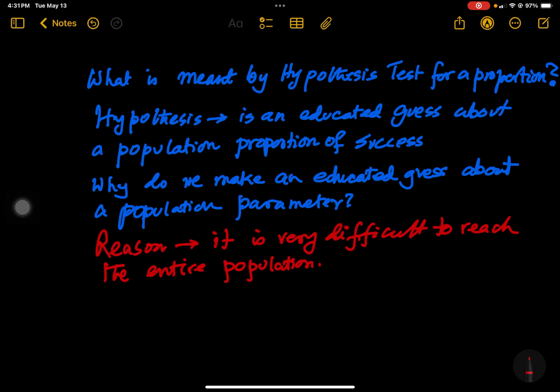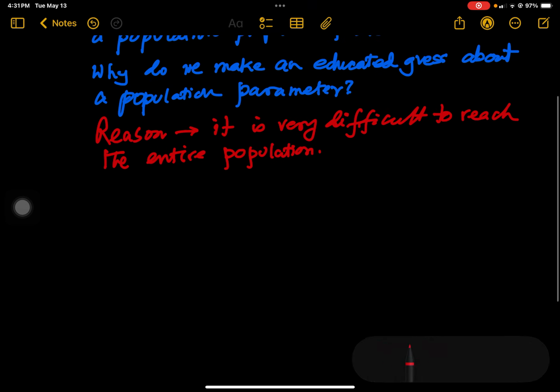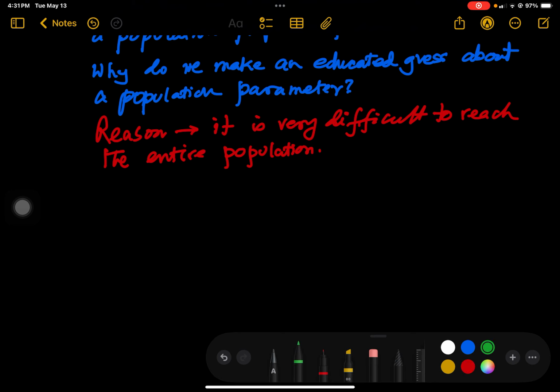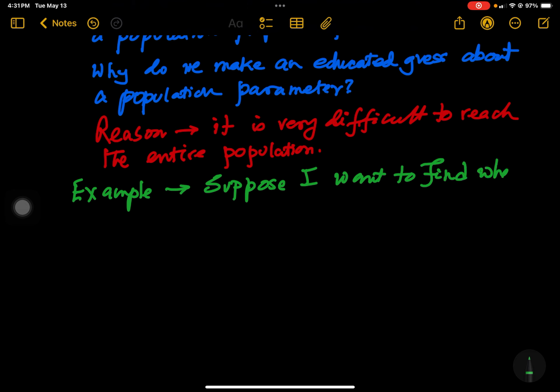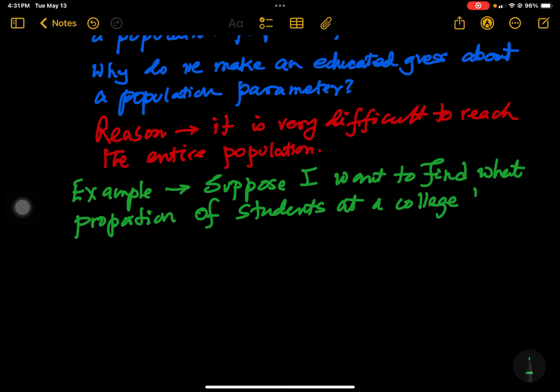Let me give you an example of this. Suppose I want to find out what proportion of students at a college has laptop computers.